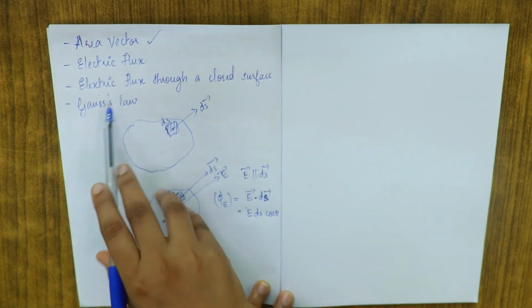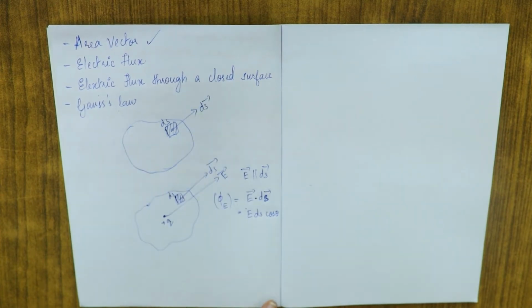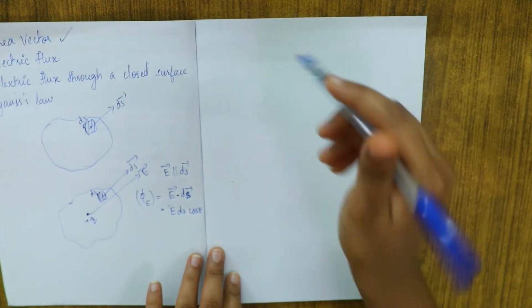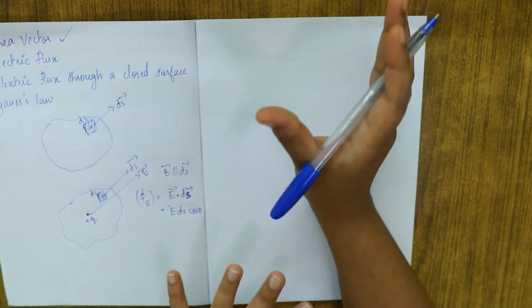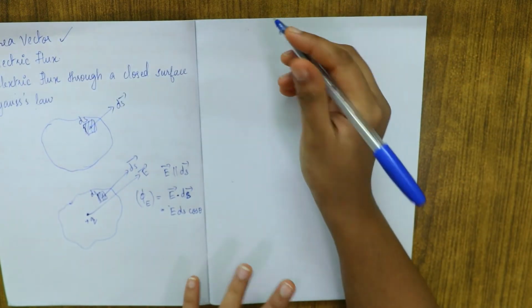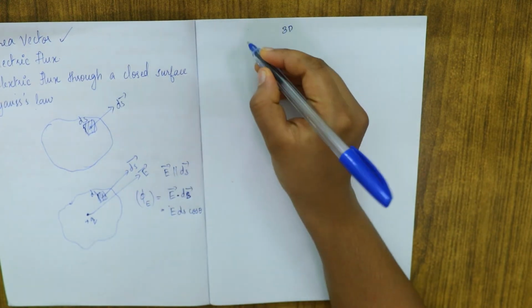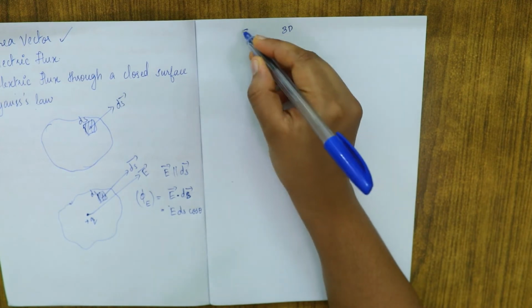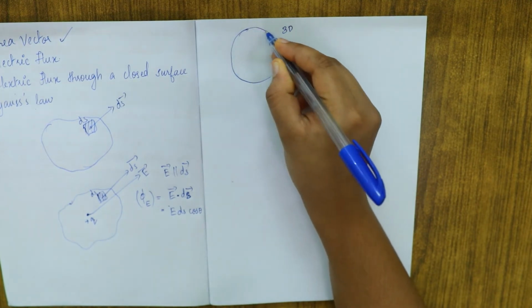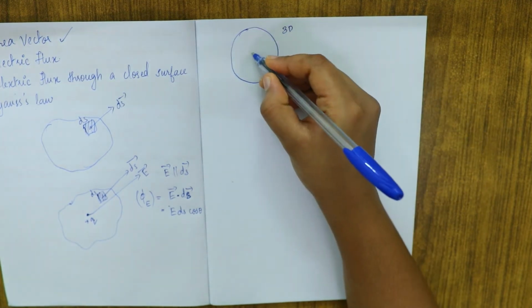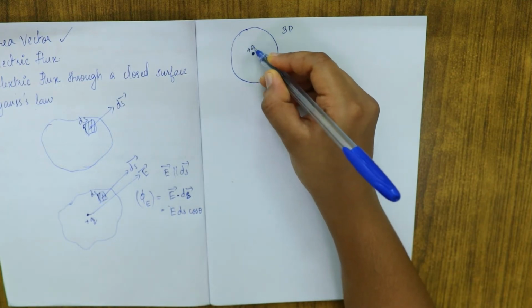Now electric flux through a closed surface. Now we are going to move into a closed figure. Closed figures are always three-dimensional figures. Let's consider a sphere, and inside which we are placing a unit positive charge.